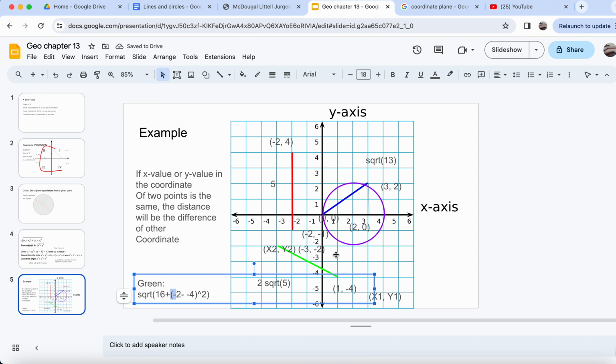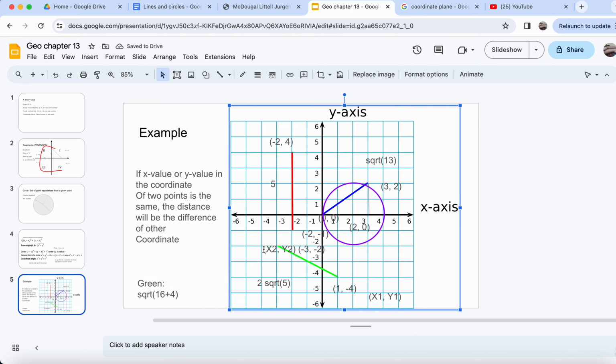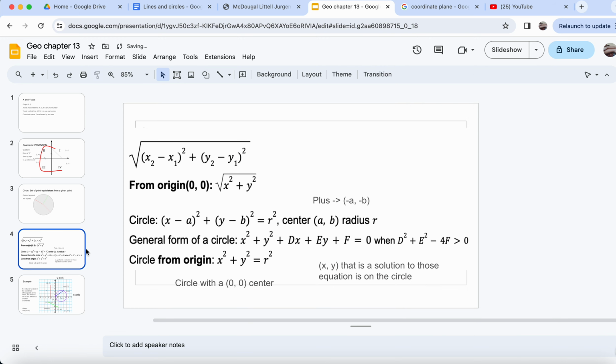And then the difference of the y values, negative 2 minus negative 4 squared, which is 4. So that will be square root of 20, which is 2 square root of 5. We just plug those two points into the distance formula and we get the answer.